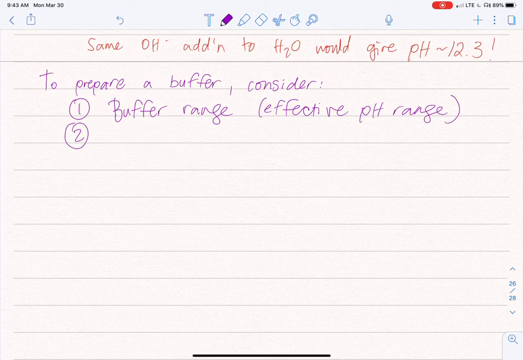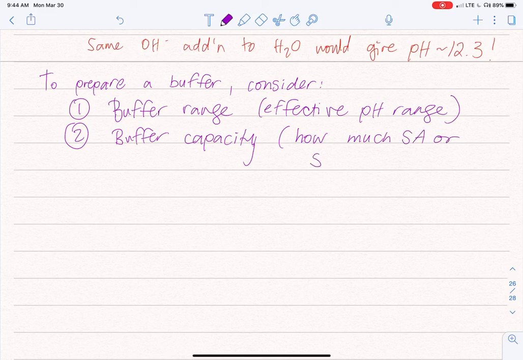We also should think about the capacity of the buffer and whether we're going to exceed that capacity. Buffer capacity really is how much weak acid and weak base we have, so that we can figure out how much strong acid or strong base can be added effectively without wiping out the buffer components, the weak acid and weak base.